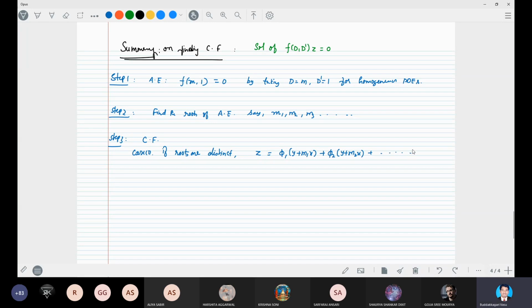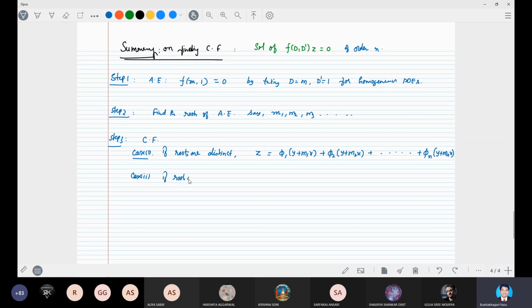plus and so on. Suppose it is of order n, then how many functions are there? Of order n, right? Next, case 2.